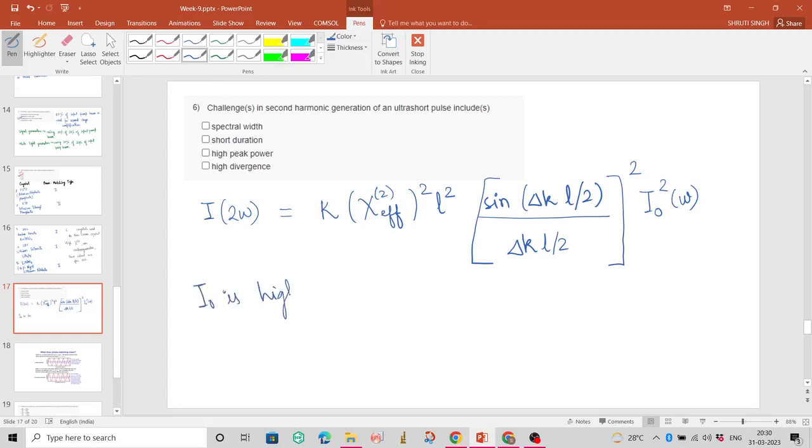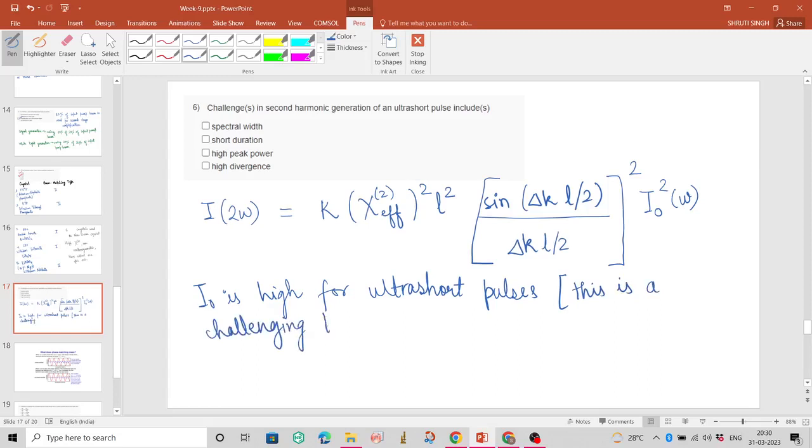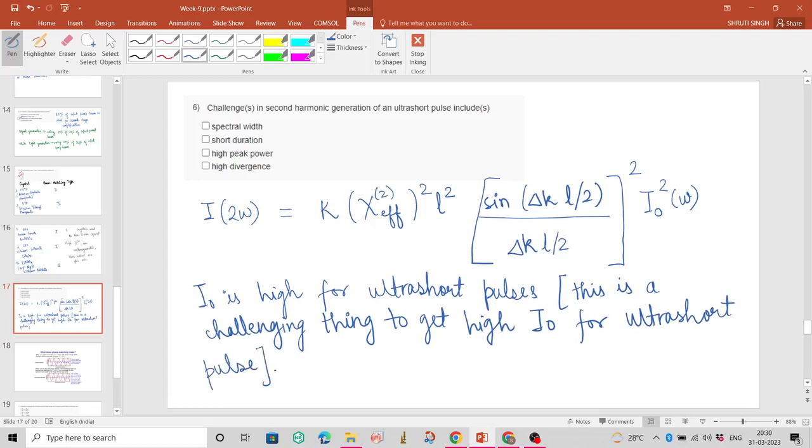I naught is high for ultra short pulses, but this is a challenging thing to get, high I naught for the ultra short pulse. First thing is this one.